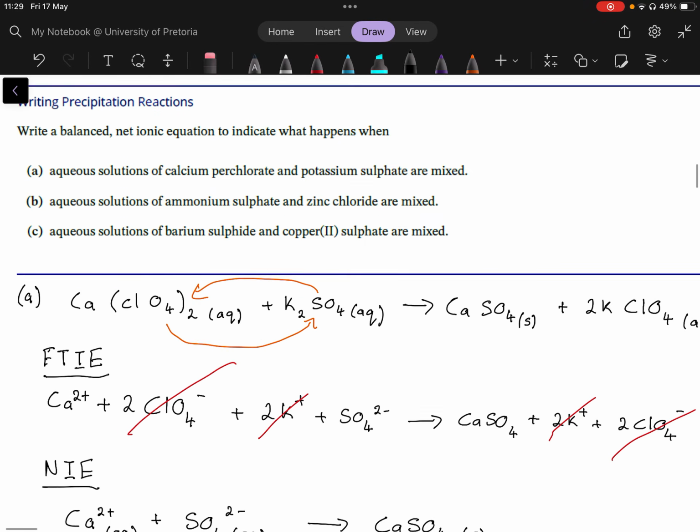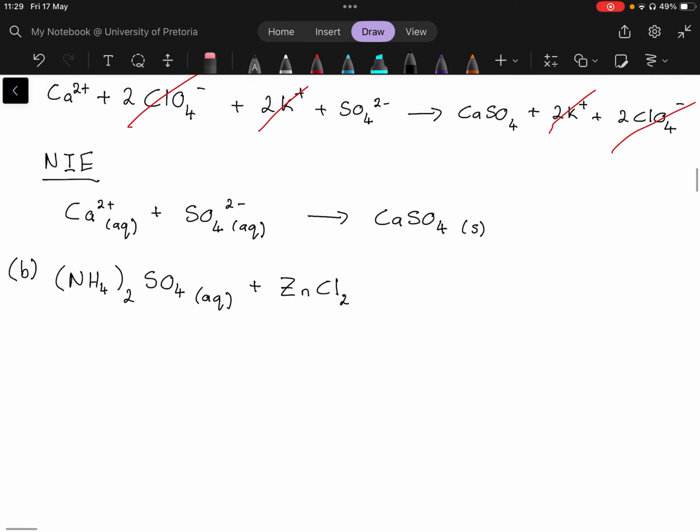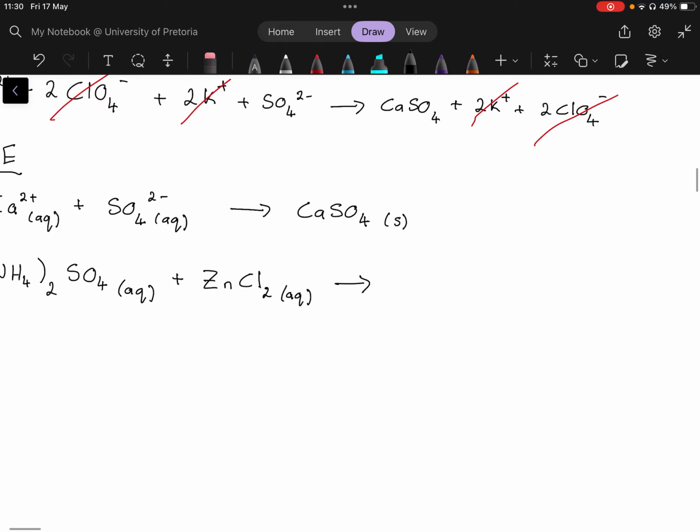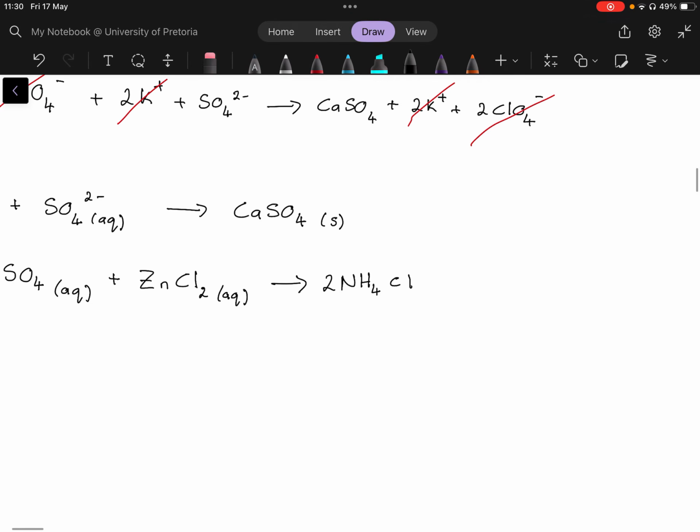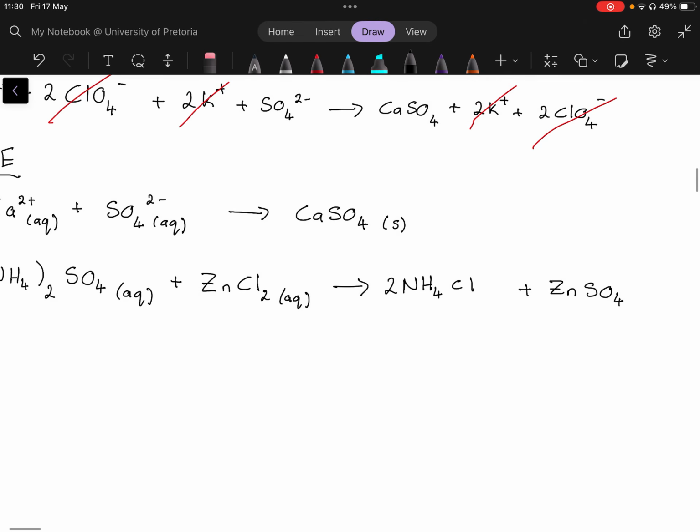Zinc is 2+, chloride is minus, and this will be aqueous as well. This gives us 2 NH4Cl, there's a 2 in both of them, phase to be determined, plus zinc sulfate, also phase to be determined.